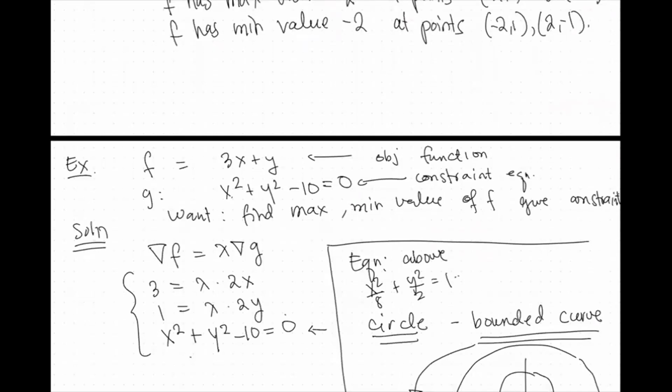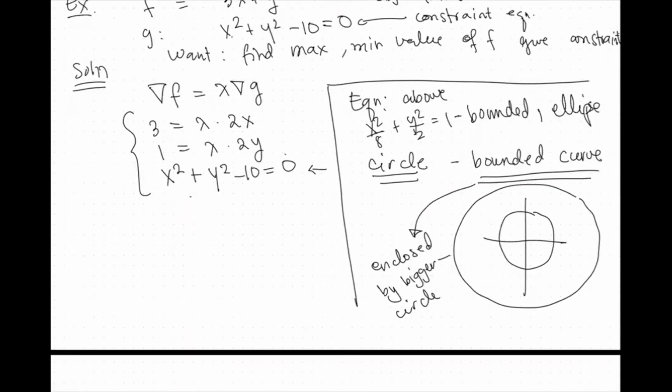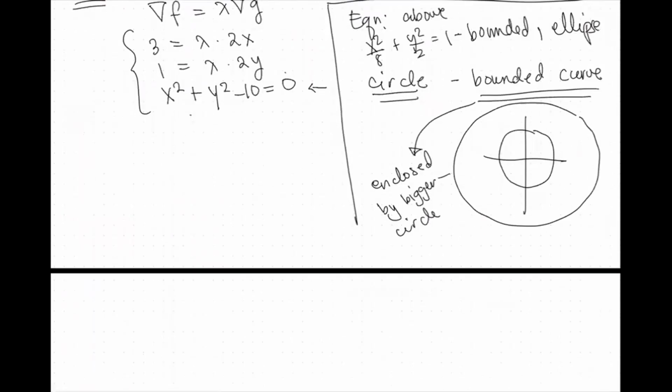This is also bounded. This is an ellipse, and an ellipse looks like this, and then we can bound this with a bigger circle. So that's it. All right, let's continue.